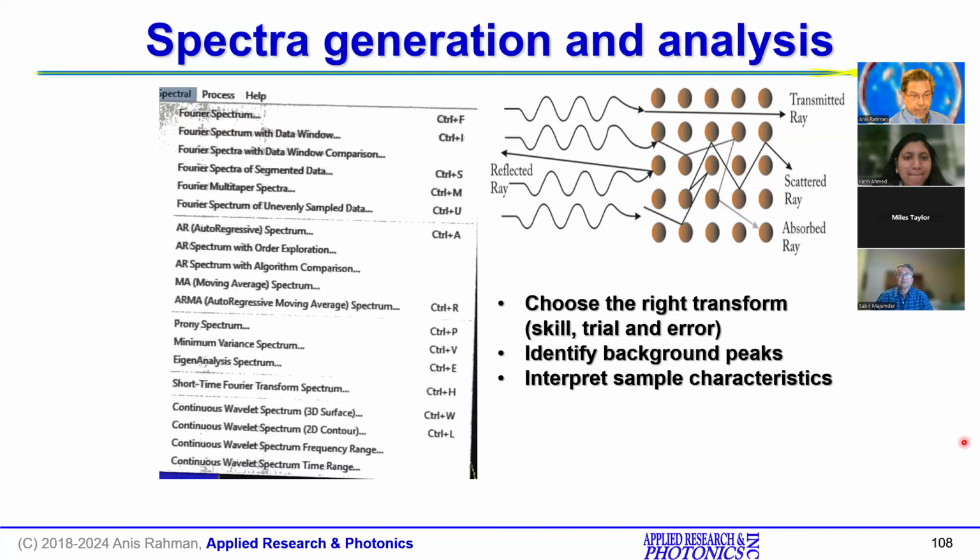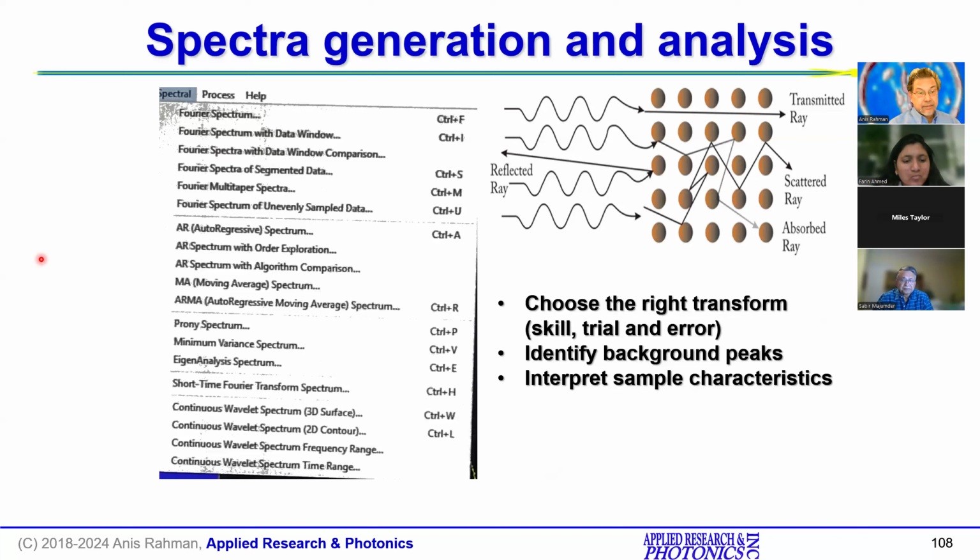And then the interferogram, as we generate it in the time domain, needs to be converted to the frequency domain by Fourier transform, or vice versa, by inverse Fourier transform.